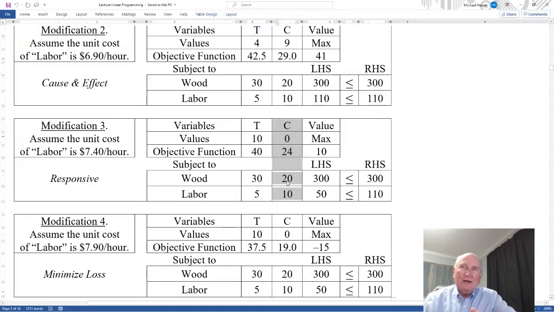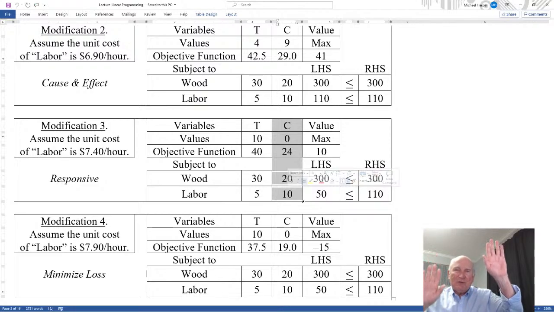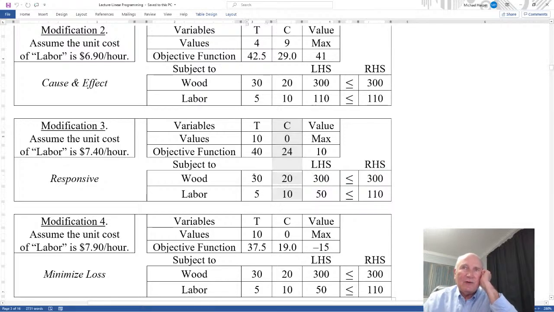So chairs are referred to as labor intensive. If you have a greater cost of labor, you'll hurt the chairs, not the tables. The table productivity goes up, the chair productivity goes down. Likewise for wood, tables are wood intensive.